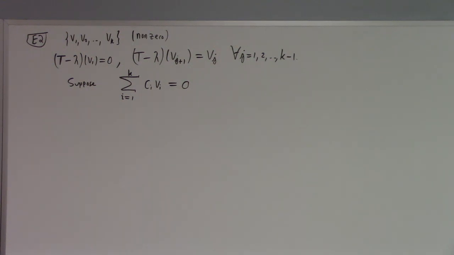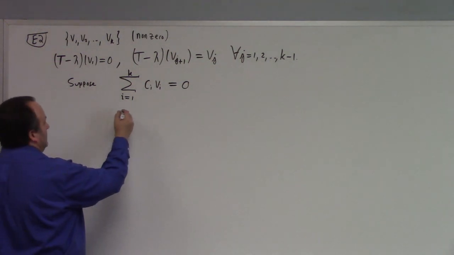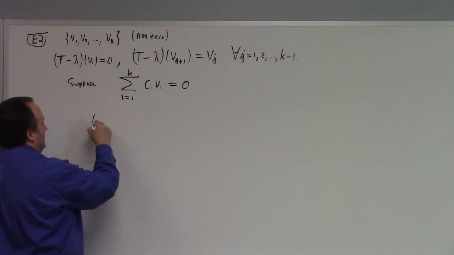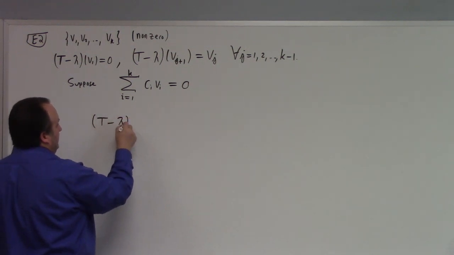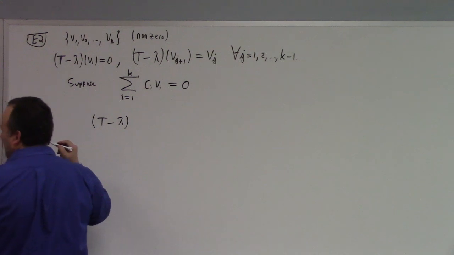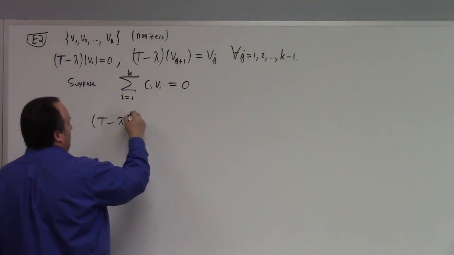In other words, just say, well, we can write the product, right? We can multiply by (T minus lambda) to the what? We did squared before, so here we do k minus 1, right?